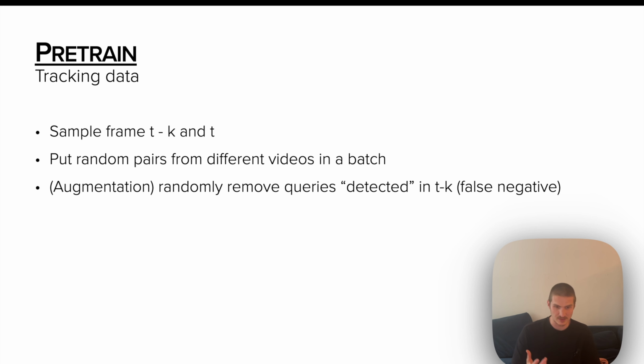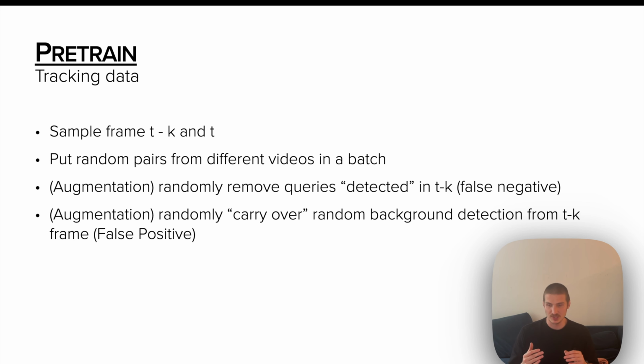You'd have false negatives, where you had some object present in the previous frame and in the current frame, but you remove the detection, the query that was supposed to carry over, and instead let the model detect it from scratch, thus simulating the situation where the new object just appeared. The old picture, the previous frame, does not really participate in the loss, so it's safe to do. You're just saying that you had these queries and this one is missing, so you have to detect it, initializing a new track ID.